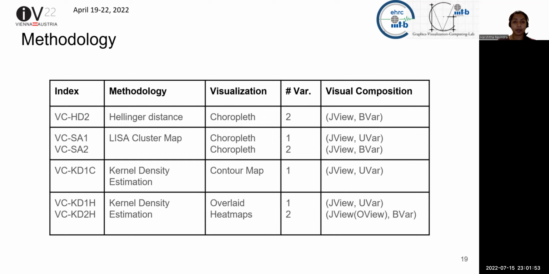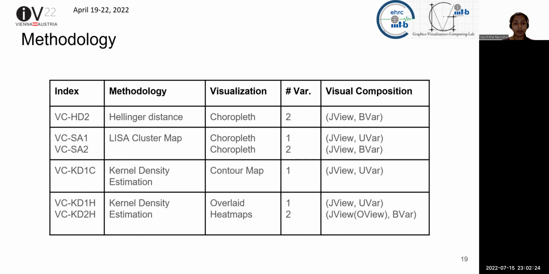In this work, we propose using 4 design patterns to visualize the coexistence of contextually related and comparable outcomes of population survey: Hellinger distance in the choropleths, hotspot using spatial autocorrelation in choropleths, contour maps and heat maps using kernel density estimation, and finally overlay and scale-aware heat maps using kernel density estimation.